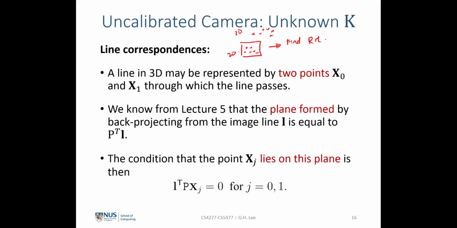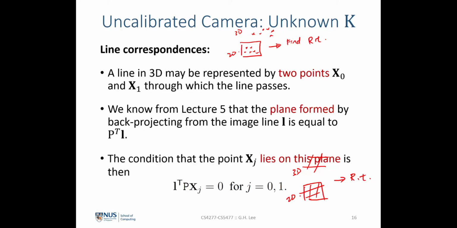But now suppose that we are given a set of 2D lines. We are given all these lines in the 2D image, as well as its 3D correspondences here, which is also a line. The objective would remain the same. Given this 2D to 3D line correspondences, we want to find the camera pose, the rotation and translation, such that the world frame is aligned with the camera frame.